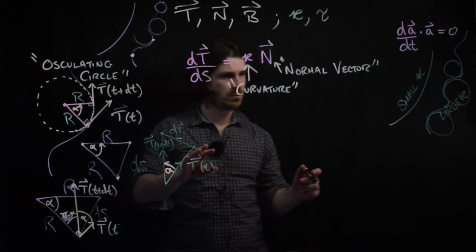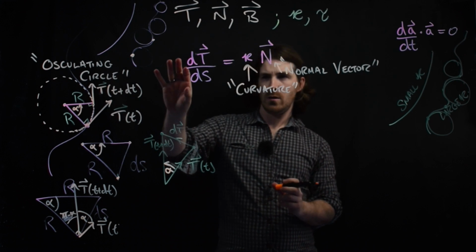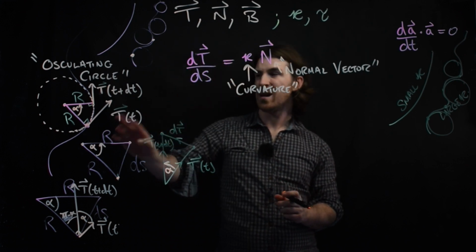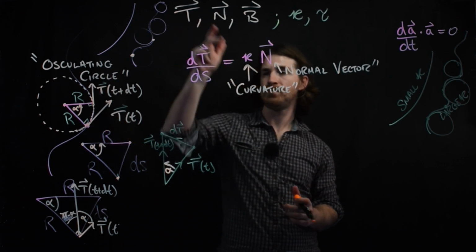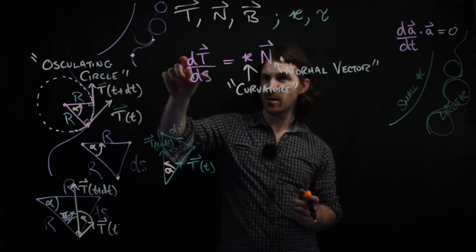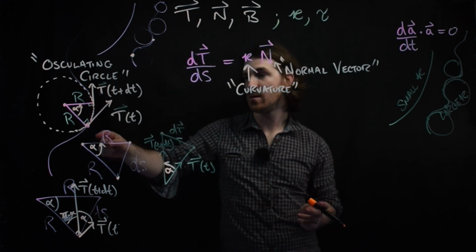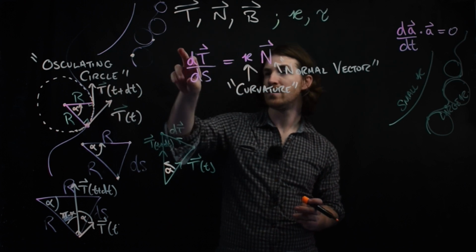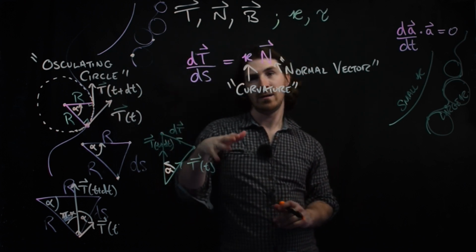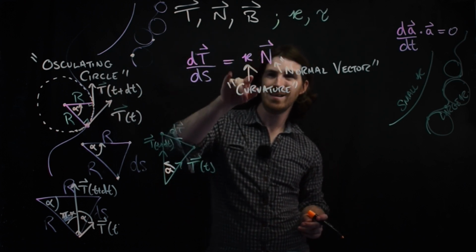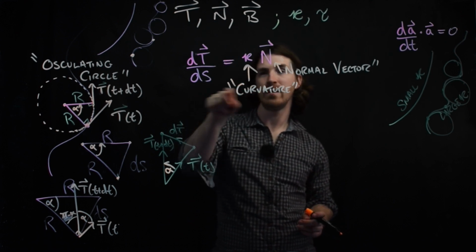So let's just finish off. We found the tangent vector, T. We considered how the tangent vector changes along the curve. That's this dT/ds. And we defined a normal vector, N, by this equation.